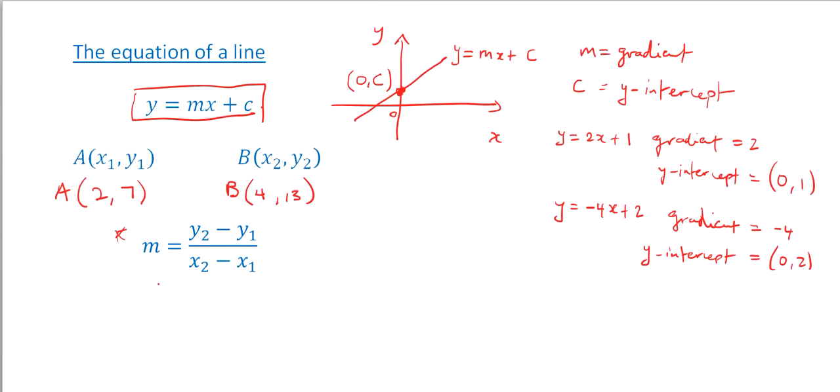So the first thing we do, we find the gradient. For the coordinates of A, let's call this x1, y1, and let's call this x2, y2. Therefore the gradient will be equal to 13 minus 7 all over 4 minus 2.